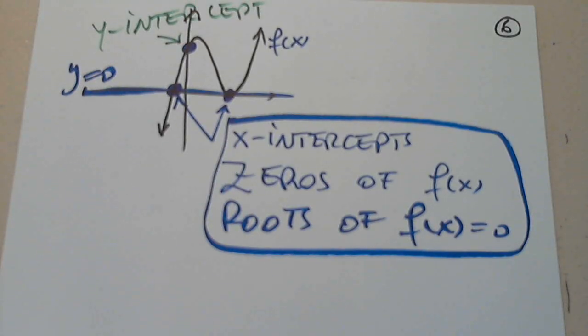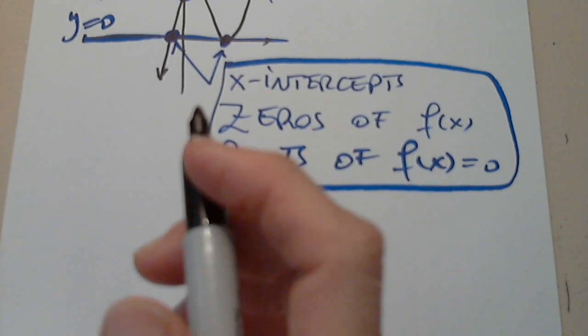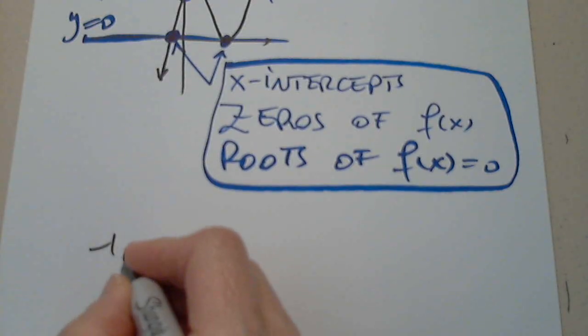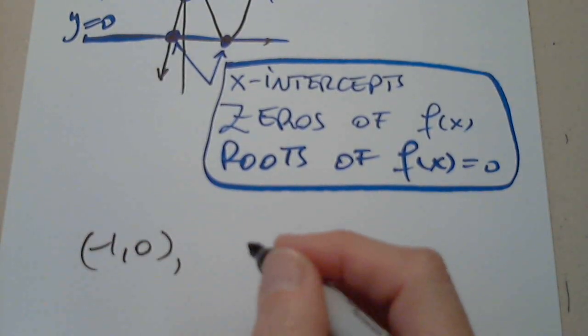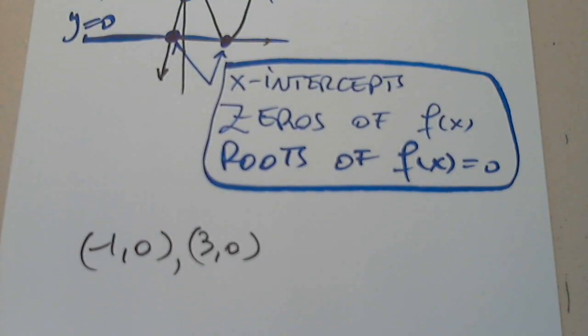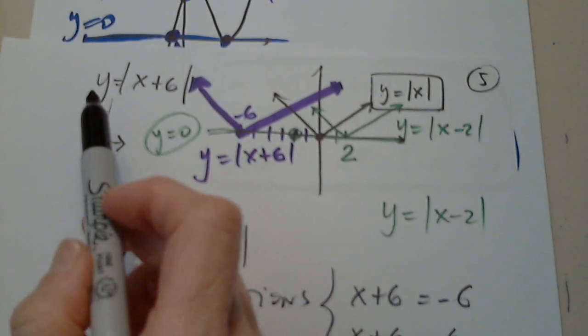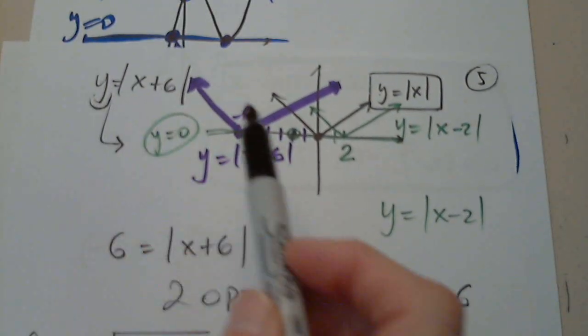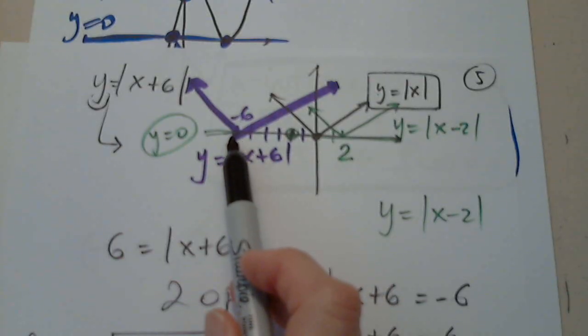So now I'm going to share my screen and let's identify them. Can anyone give us the x-intercepts in an ordered pair format? Negative 1, 0 and 3, 0. Perfect. For the x-intercept, y equals 0. When y is 0, x is negative 6.